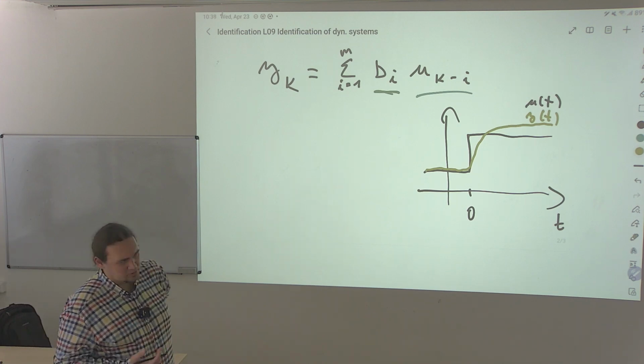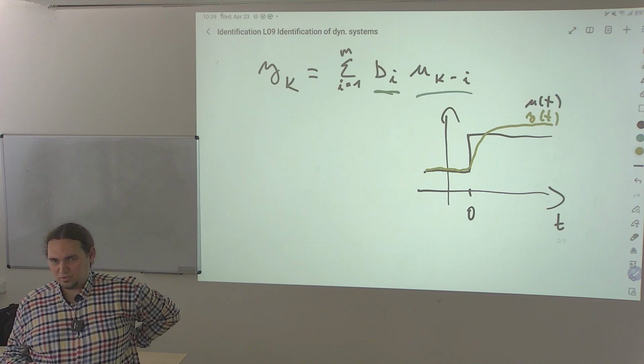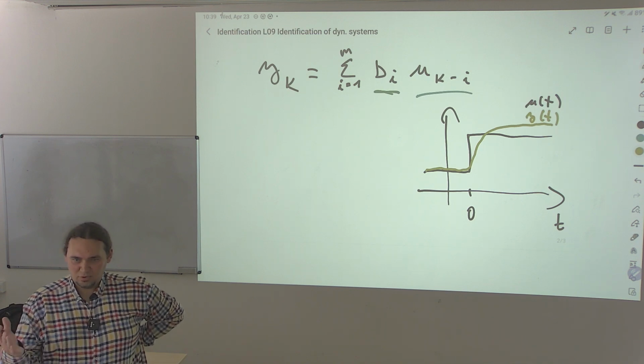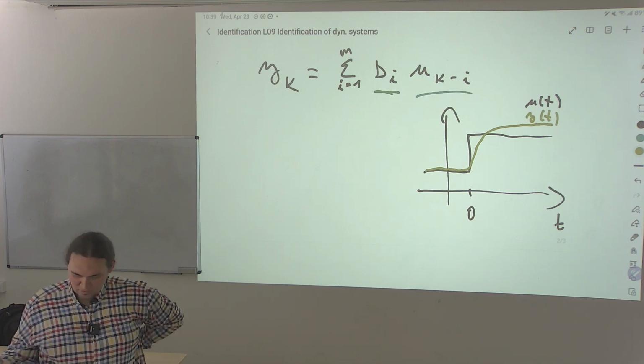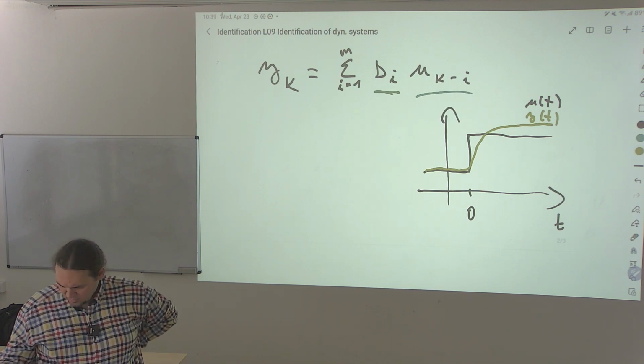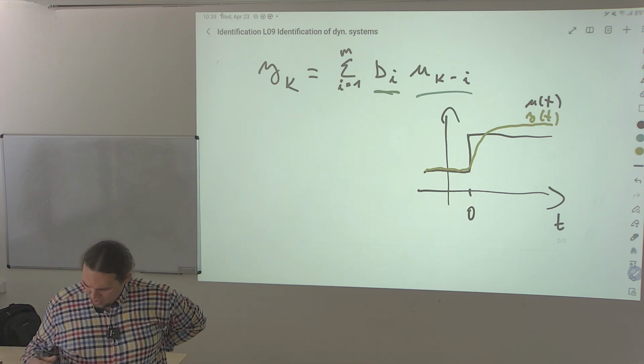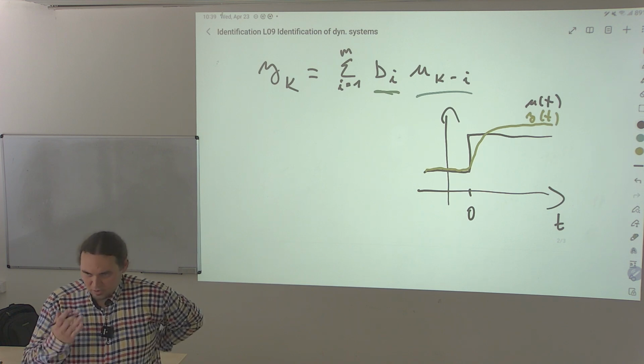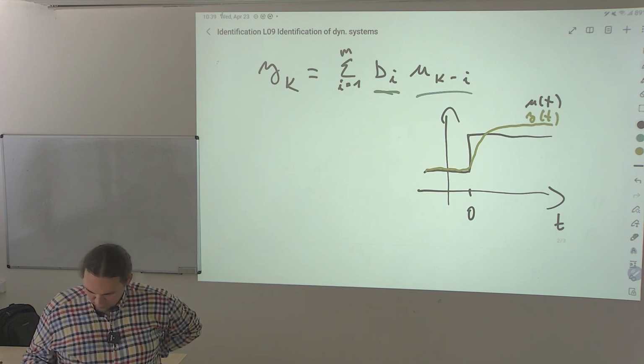Good. So if we train the model to predict this, to behave similarly to the data that we observed, then our predictions should fit it.